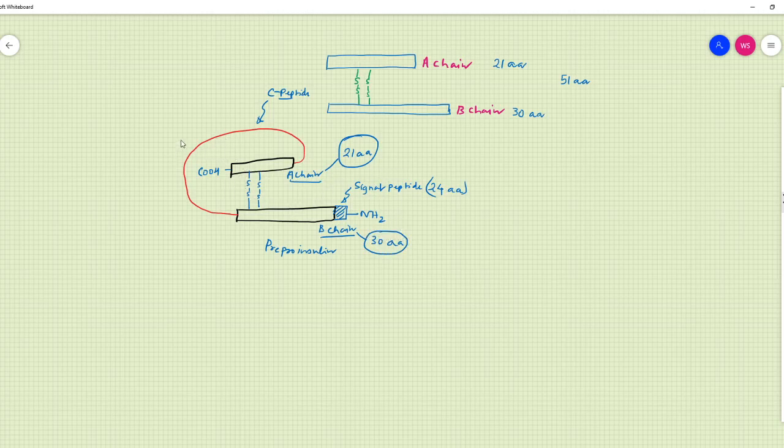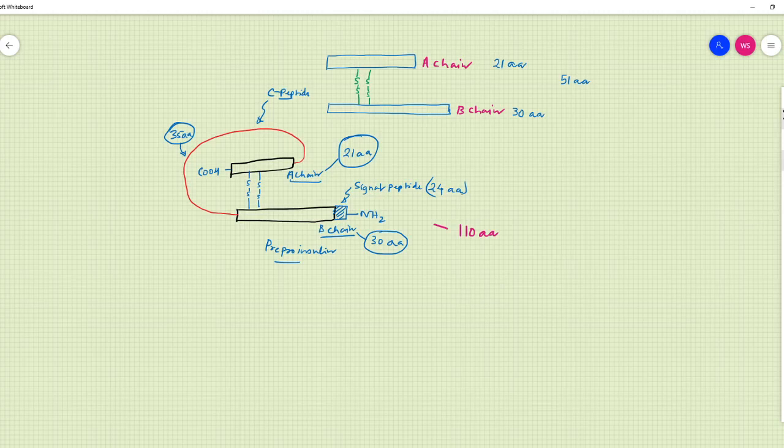The C peptide has got 35 residues. So pre-proinsulin, totally it would be 110 amino acids.